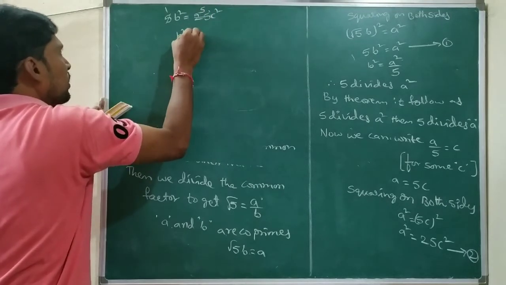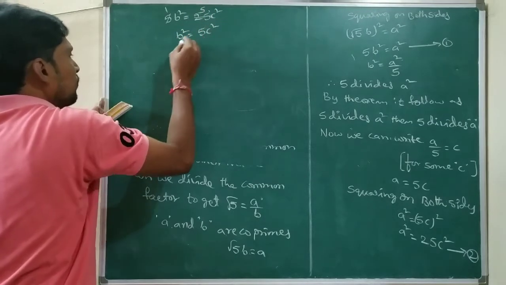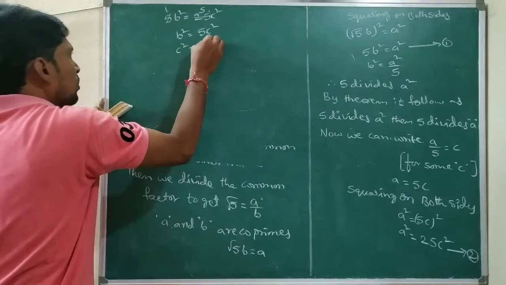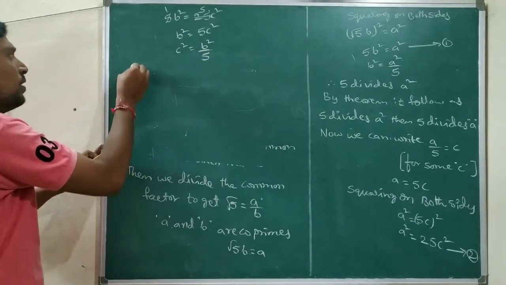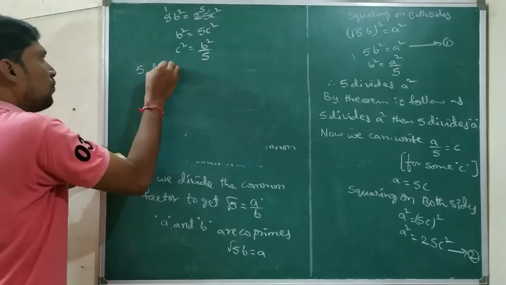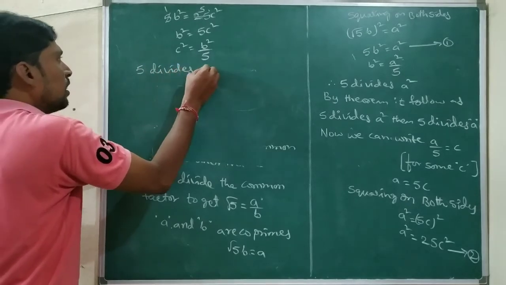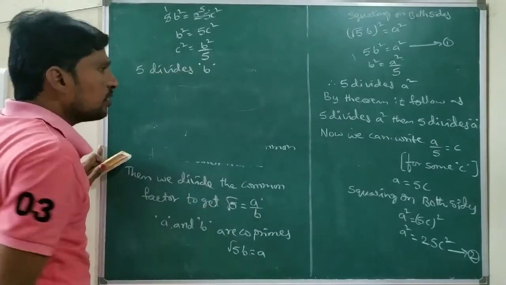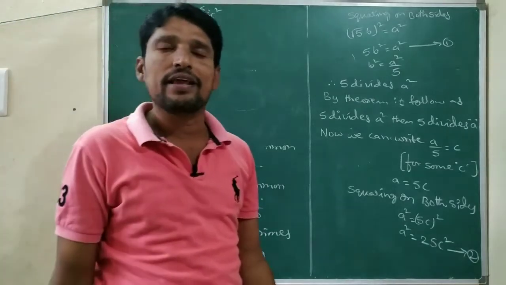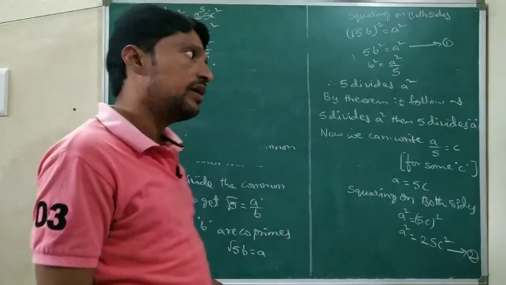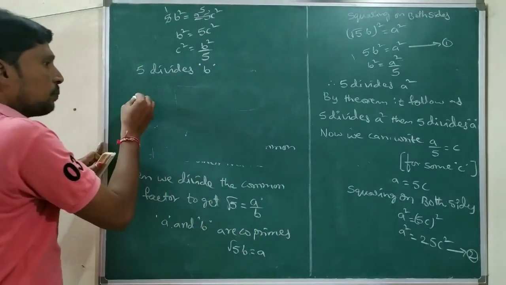So b square equals 5c square, which means c square equals b square by 5. B square by 5 means 5 divides b square. Again we need to use the theorem, that theorem only: if p divides a square, then p divides a.